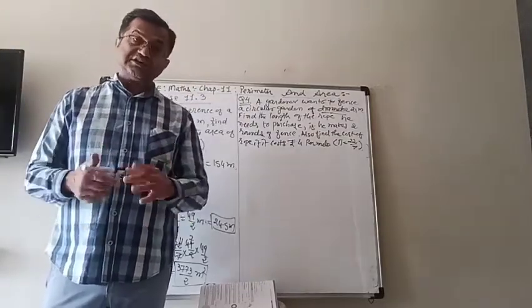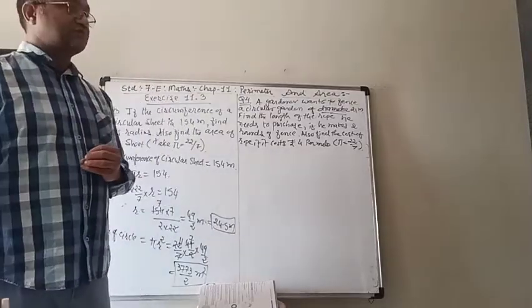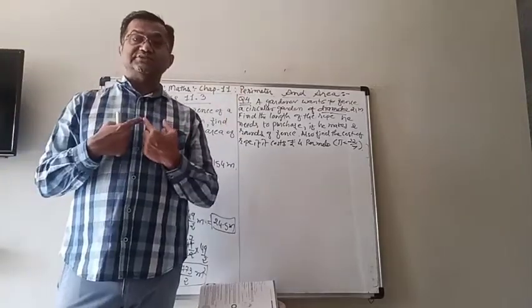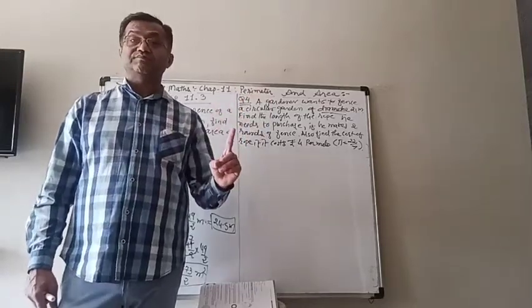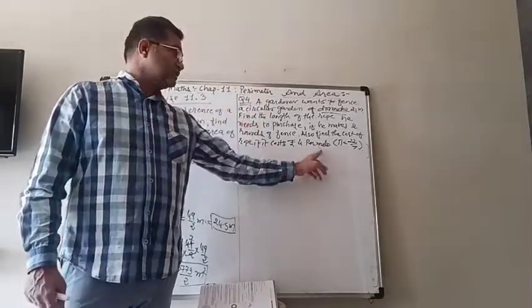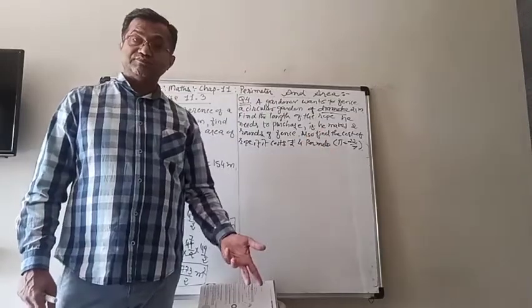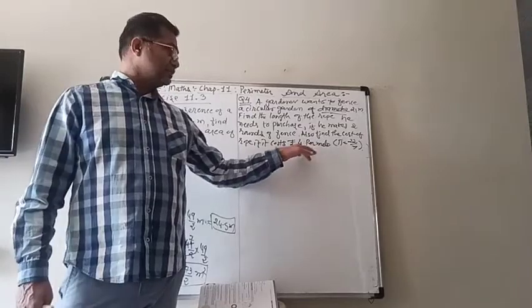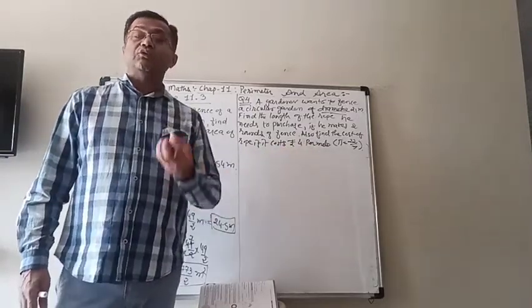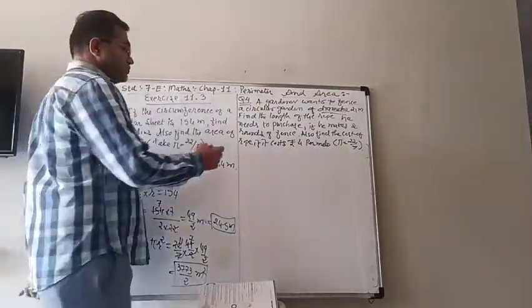Circumference. So in this case we have to find the circumference. When we find the circumference, that will be the length of the rope for 1 round. Then we have to multiply by 2 because he is taking 2 rounds. Then we will find the total length, and then after the total length we have to multiply with 4 to find the cost.